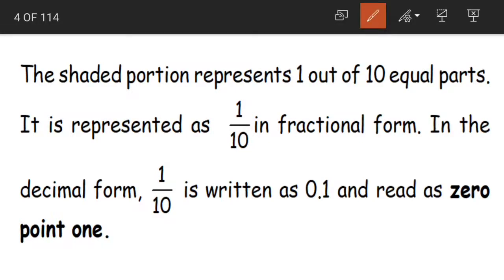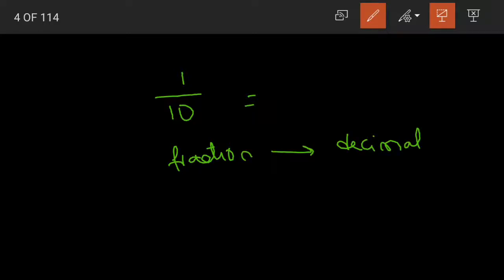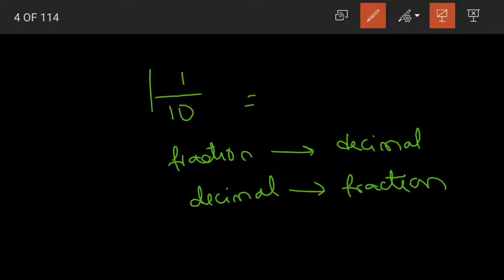What are they saying? If we have the fraction 1 by 10, we can convert any given fraction into a decimal number, and in the same way we can convert a decimal number into a fraction. Now here we have learned that the shaded portion represents the fraction 1 by 10.